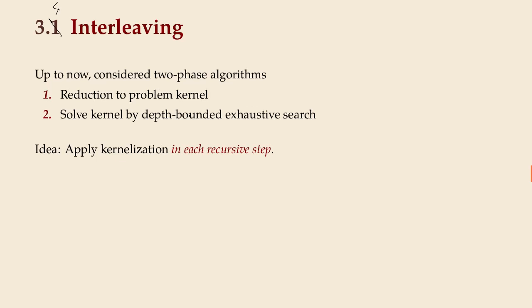But in a sense, we can hope that during this depth-bounded search, where we make the parameter smaller, we can get further improvements if we reapply the kernelization. That's at least something worth trying.